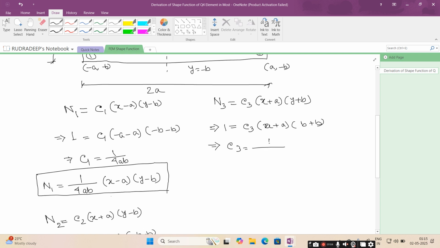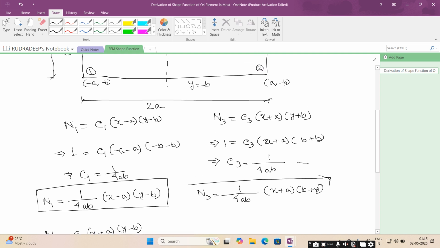It came 1 by 4ab. So I got N3 equal to 1 by 4ab times x plus a, y plus b. So this is the third shape function.